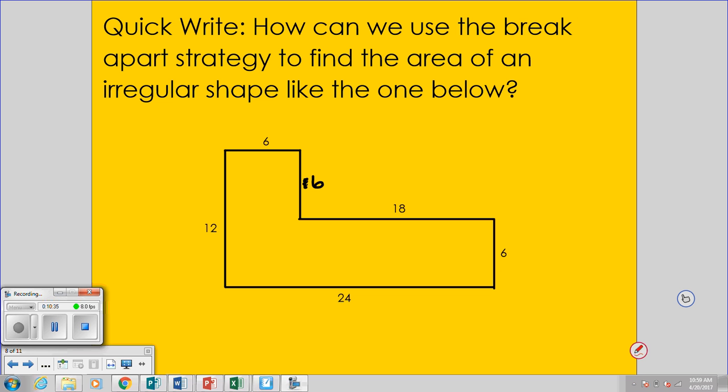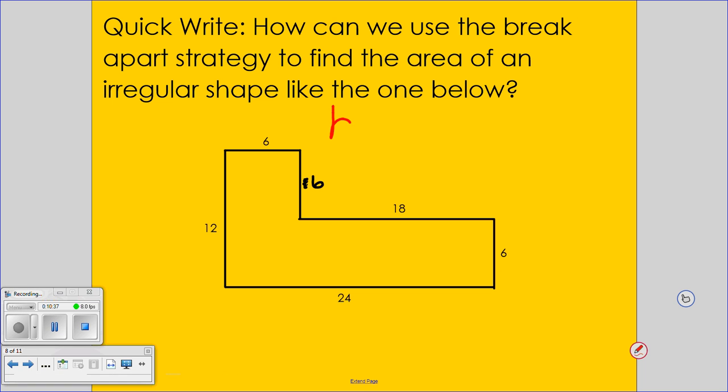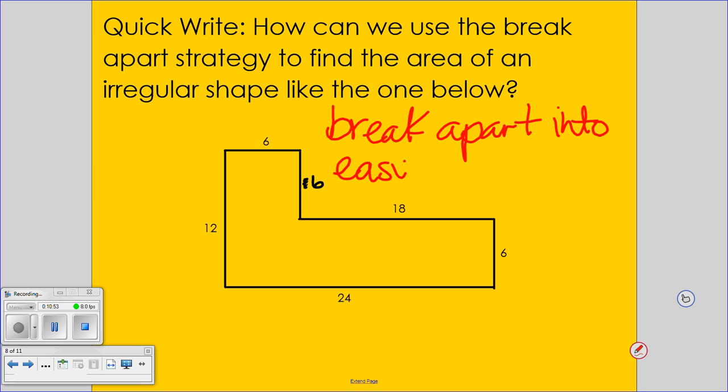Yes. So to use break apart strategy, we break it apart into, I like how Eleanor said it. She said simple, easy rectangles. I like simple, easy rectangles. Corbin, you had the right picture. You just didn't have any words.